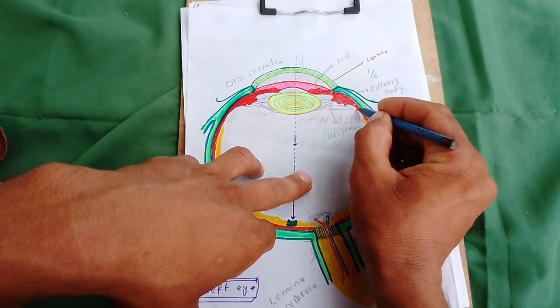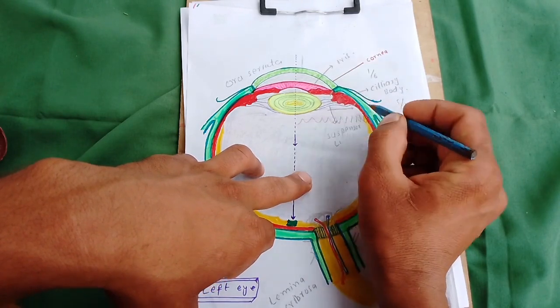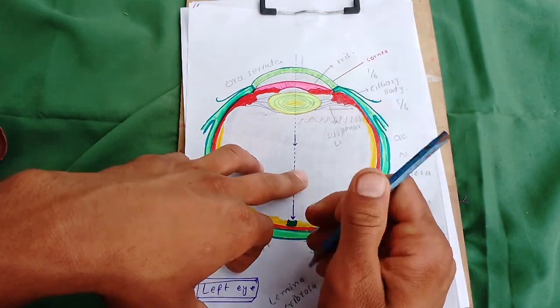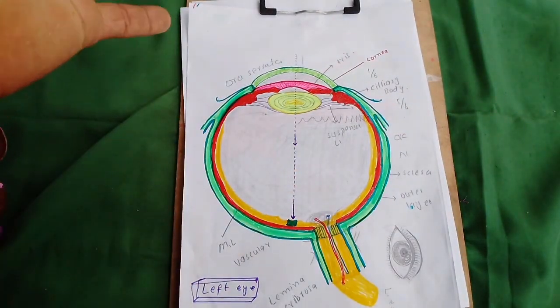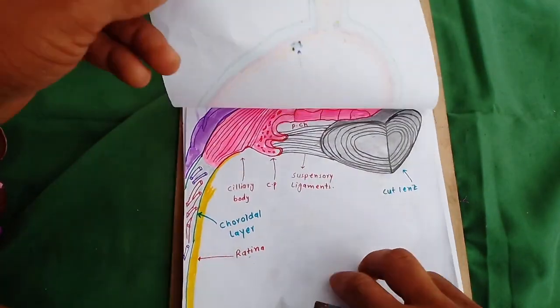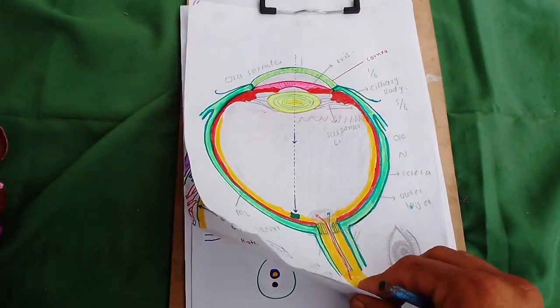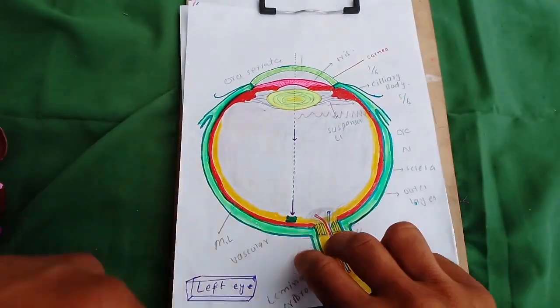The retina also extends up to this point, but here it consists of no rods and cones, and it makes the ora serrata. The ora serrata is the ending point, as you can see in a very clear diagram. Here is another diagram.